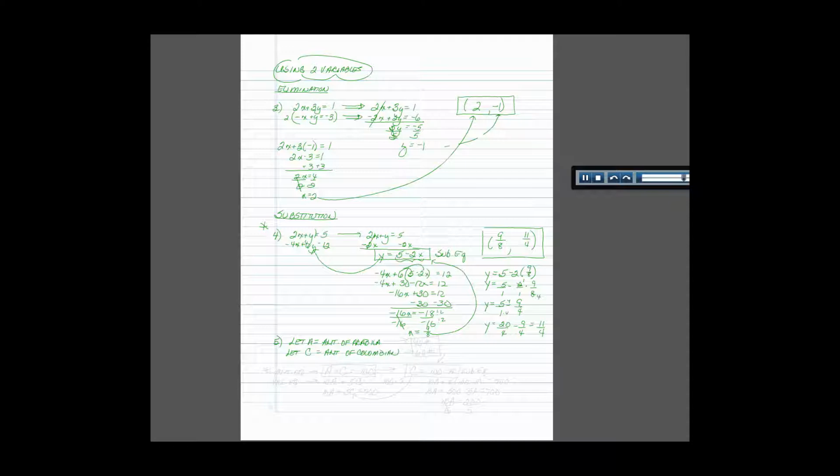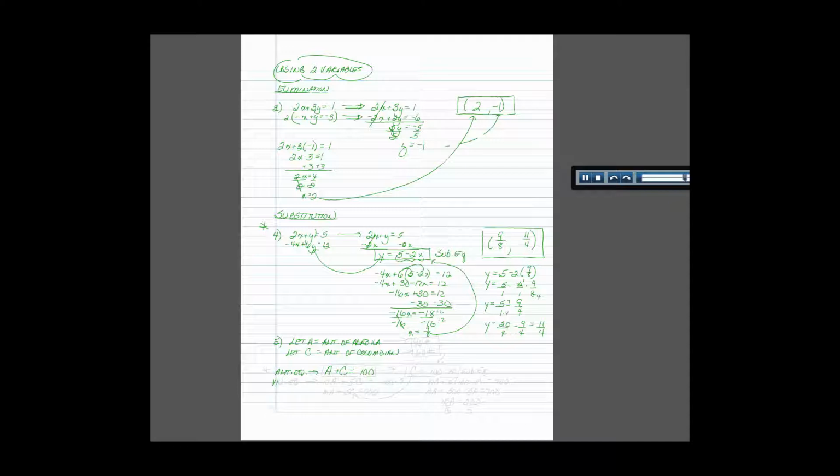Now rather than just writing one equation, that's amount times cost plus amount times cost equals total amount times total cost, we're going to write two equations. The first is what I call the amount equation: the amount of Arabica plus the amount of Colombian has to equal 100 pounds, because the problem said so.